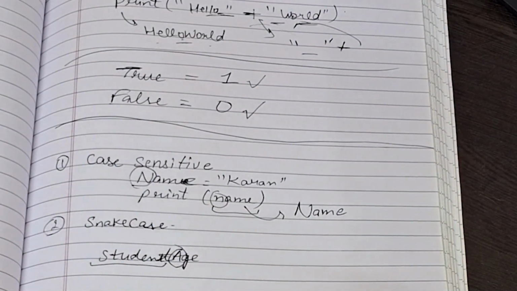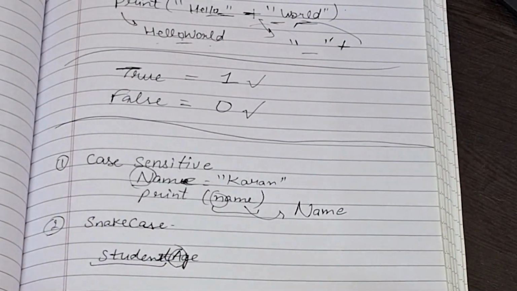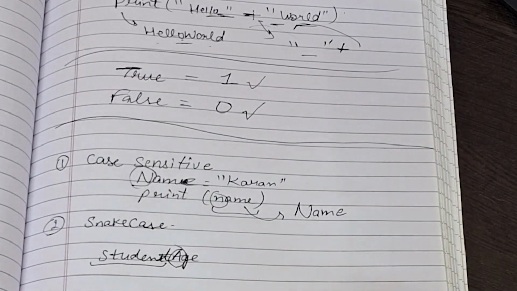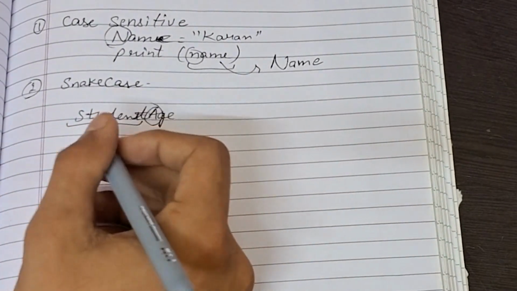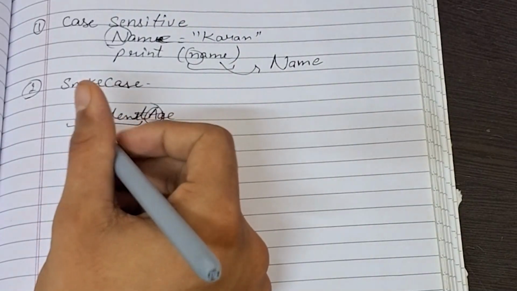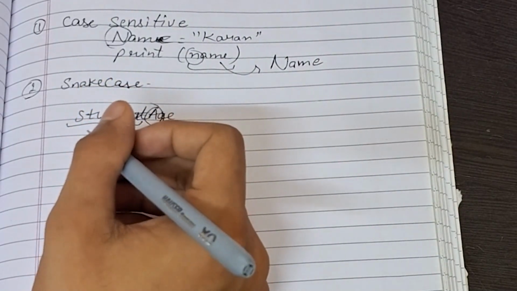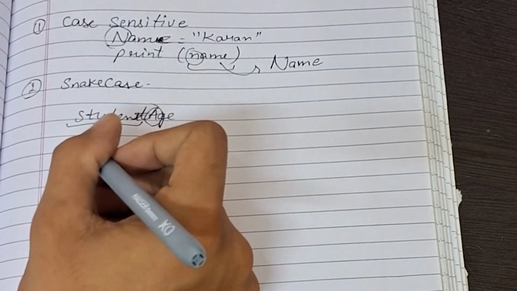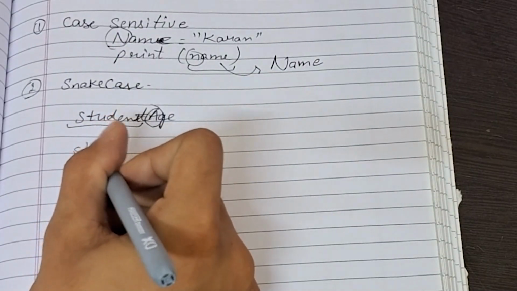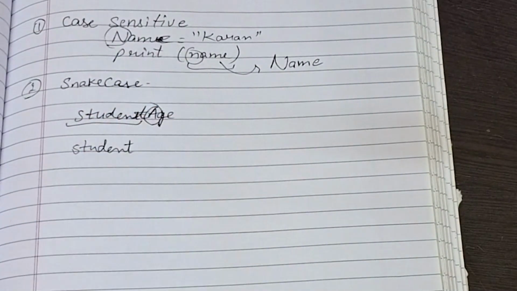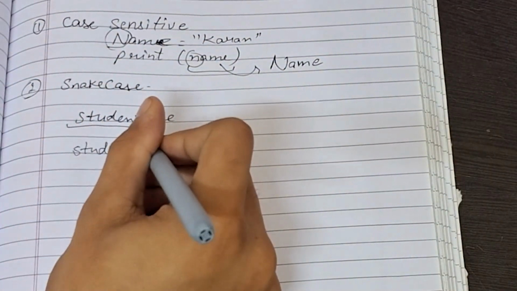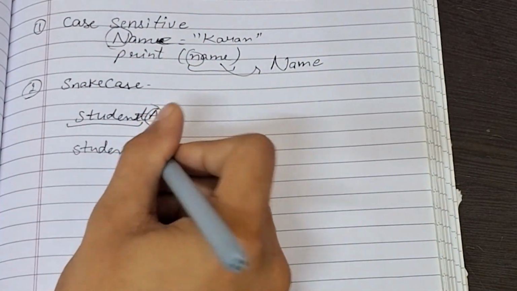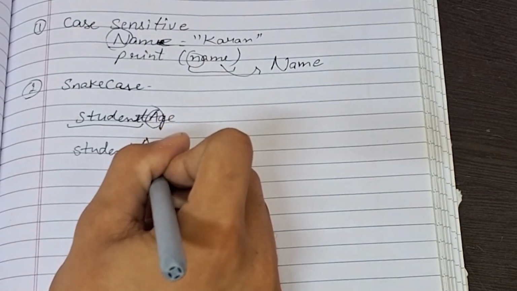So this is the method. Its meaning is that if you have a variable name with two or more words, you write the first word in lowercase, then when starting the second word, you use the first character in capital, then again lowercase.